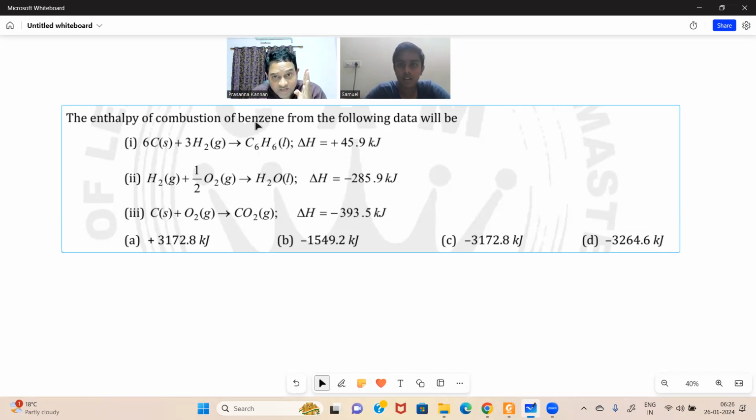This is why revising is very important, Samuel, because once you revise it, if it's there in your head, this sum is nothing. Burning any hydrocarbon in oxygen, this is 10th standard. Haven't you learned hydrocarbons in 10th standard? Alkanes burning in oxygen? I'm sure you have.